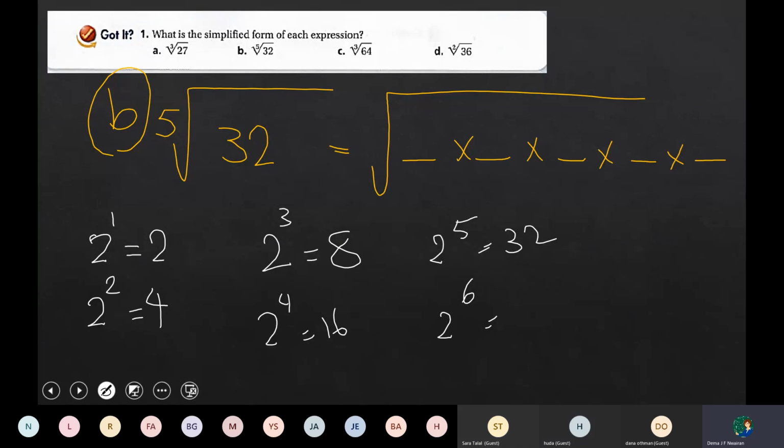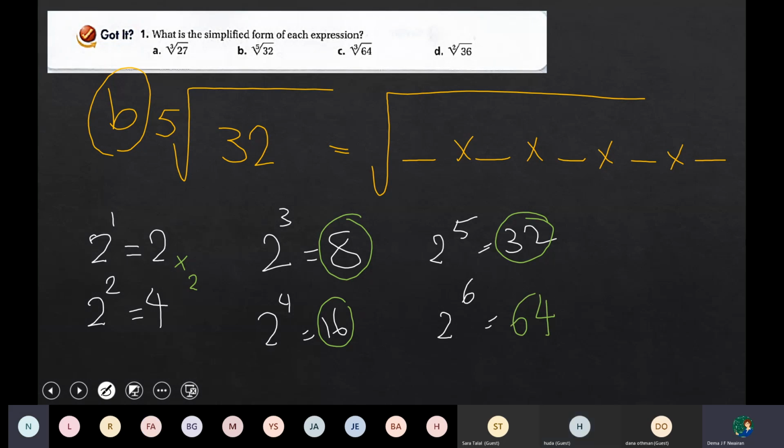Do you remember in the first period when I told you 2 multiplied by 2 gives 4? Kids, please mute the microphone. Then 4 multiplied by 2, what will you get? 8. 8 multiplied by 2 is 16. 16 multiplied by 2 is 32. 32 multiplied by 2 is 64.